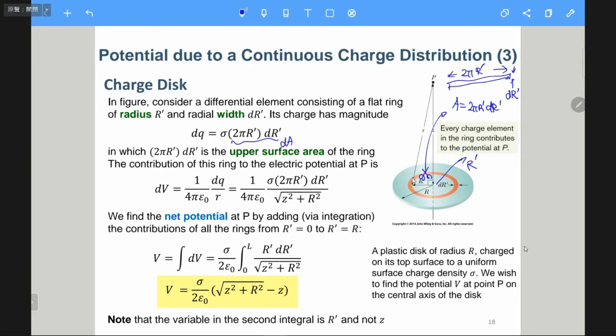For every small segment on this ring, the distance from this ring to here is a small r.